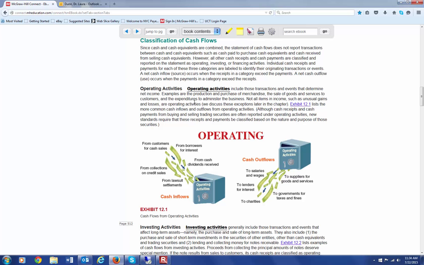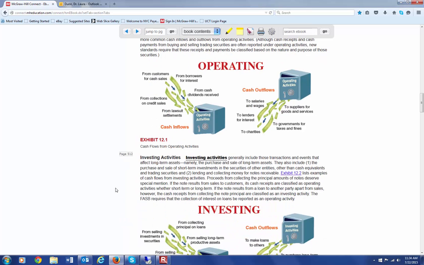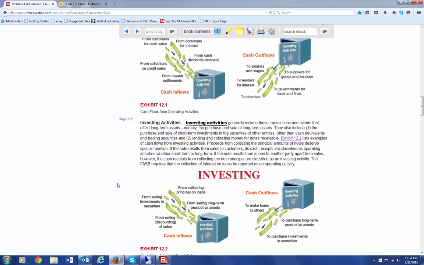So please read this information carefully and try to, in your own mind, distinguish between an operating activity and the next one, an investing activity. Investing activities generally include those transactions and events that affect long-term assets. So this is mainly the purchase and sale of long-term assets. This is important, so keep this in mind.